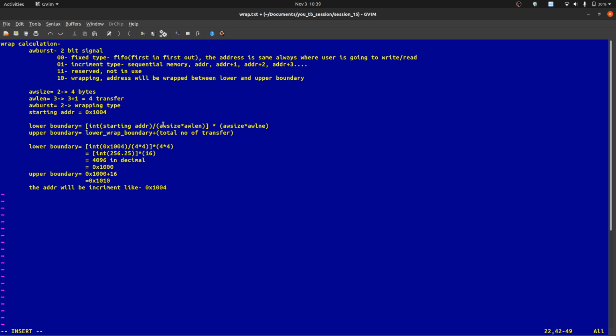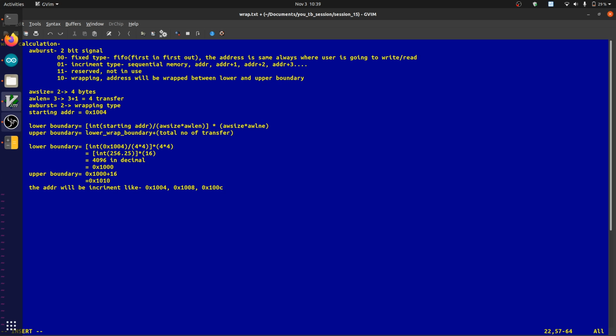After that, what will be the next address? Plus 4, so the next transfer will be 0x1008, and the next will be 0x100C.